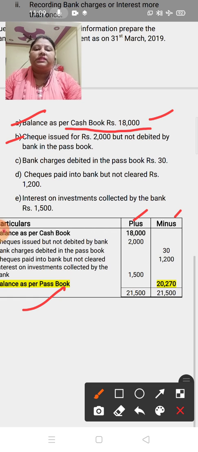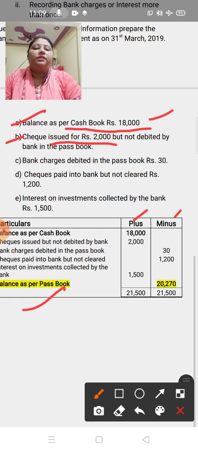So first of all, let us see. The first transaction is check issued for rupees 2,000 but not debited by bank in the passbook. The first thing is check issued. Check issued means we have given the check to another person for payment. It means we have done the payment. But not debited by bank.